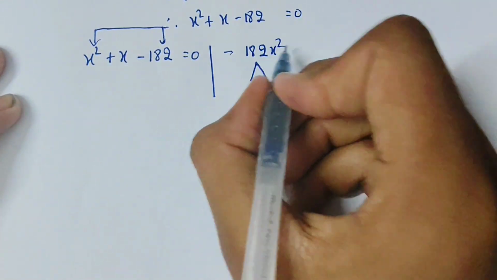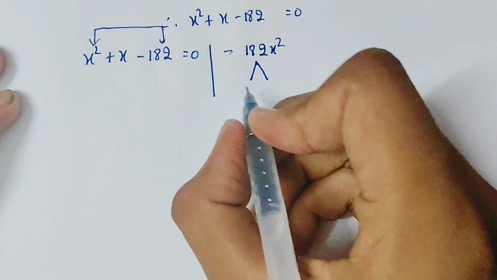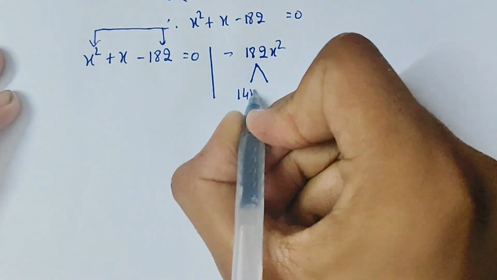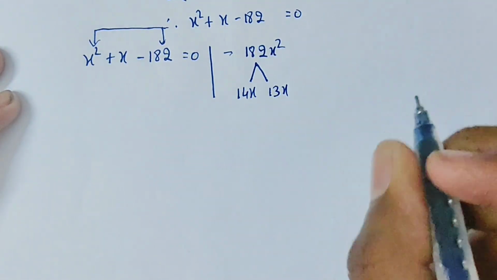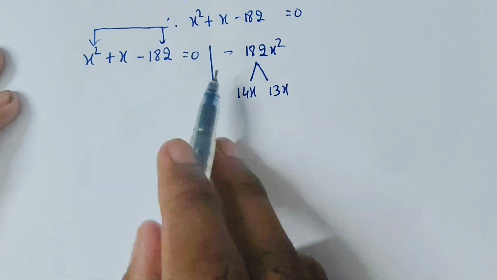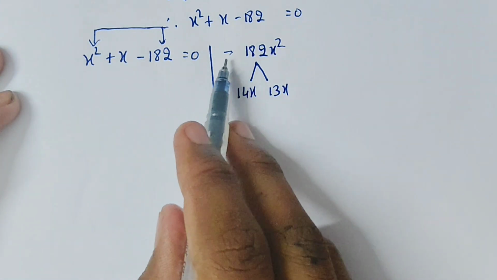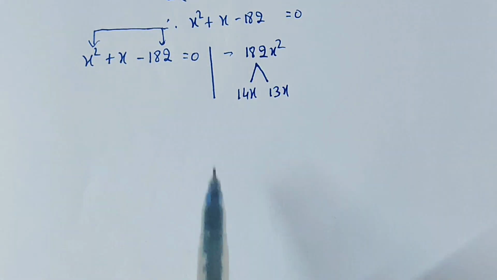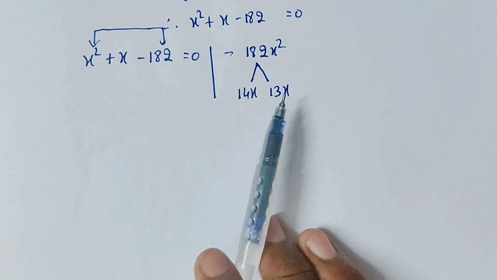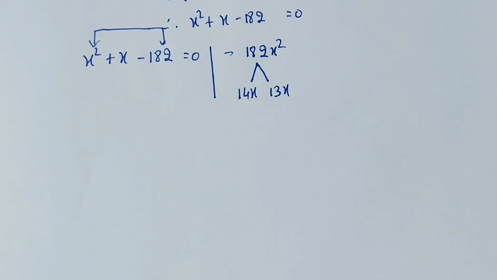The factors of 182 x square are 14x and 13x. If we multiply these two we get minus 182 x square. If we add or subtract these two we get plus x.